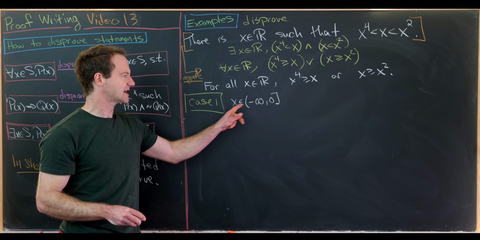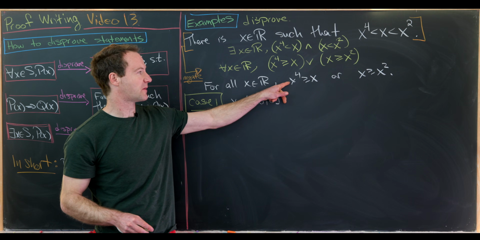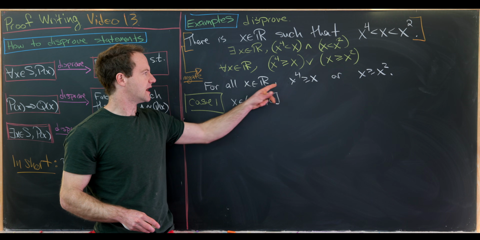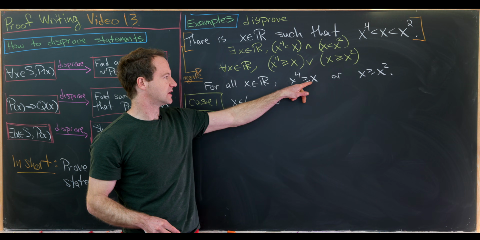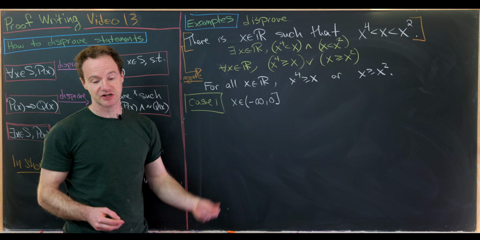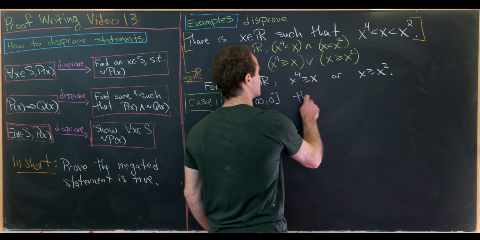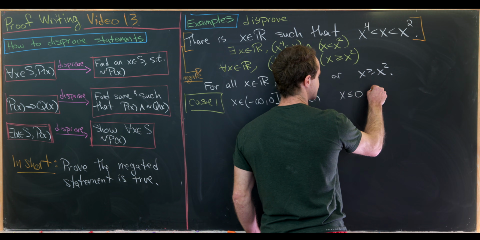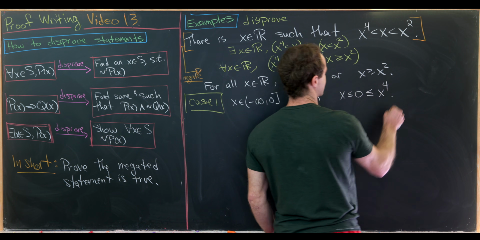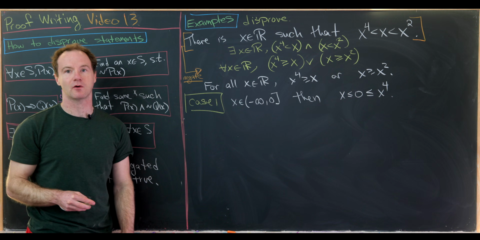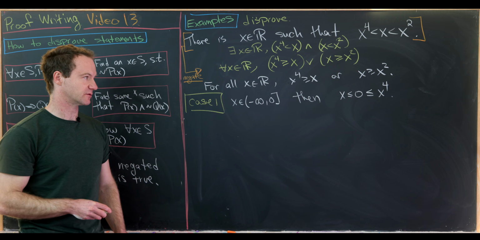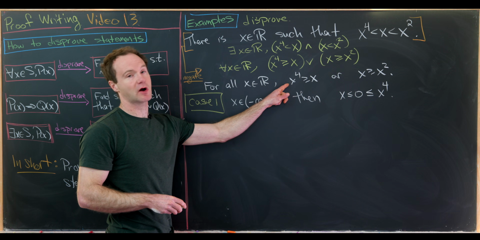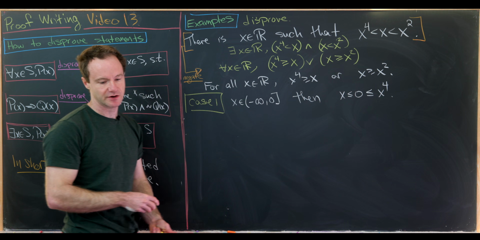Okay, but if x is negative and we take the fourth power of x, then x to the fourth is positive. But a positive number is always bigger than or equal to a non-negative number, so that actually takes it all the way home. I don't think much needs to be said about that. So we have x is less than or equal to 0 is less than or equal to x to the fourth. Again, because every even power of a real number is bigger than or equal to 0. But then pulling out the middle there, we get this part of our or statement. So I think we're good to go there.